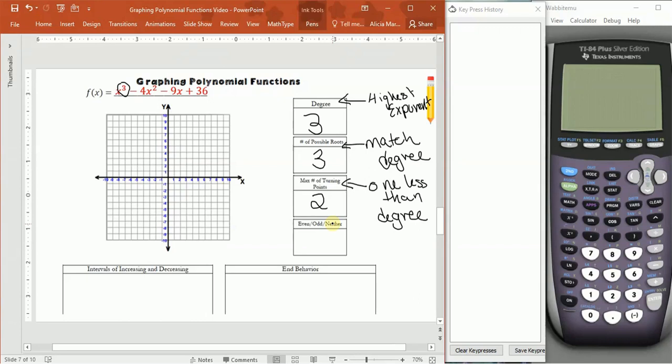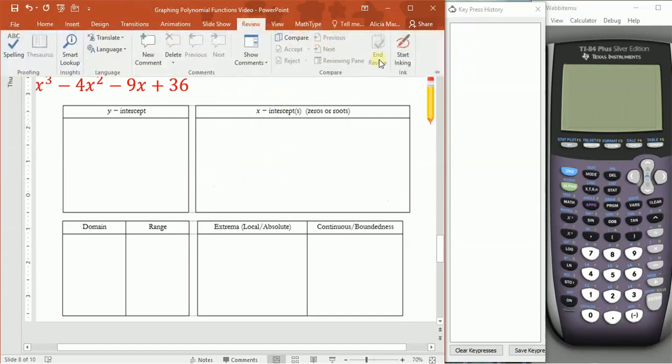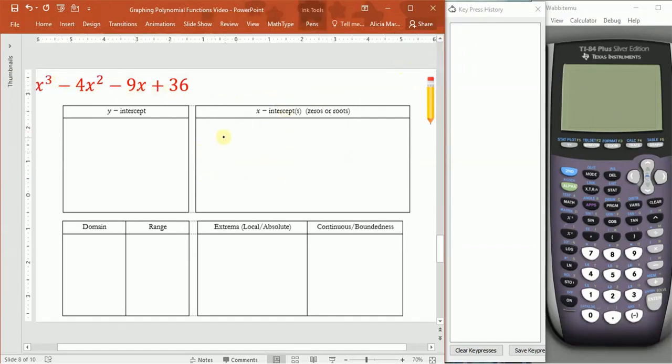Now, here's where we're going to have to start using the graphing calculator, because what we need is at least a couple of x-intercepts, right? So let's flip to the next page here. Let's find ourselves a couple of x-intercepts, aka let's see if this particular equation factors. So let's group these guys. Looks like an x squared can come out of there.